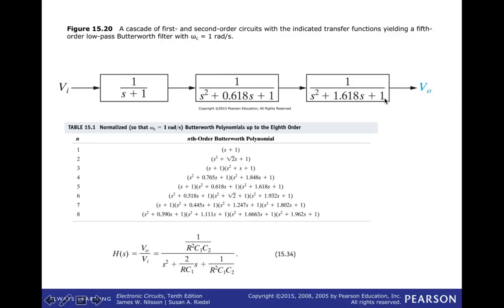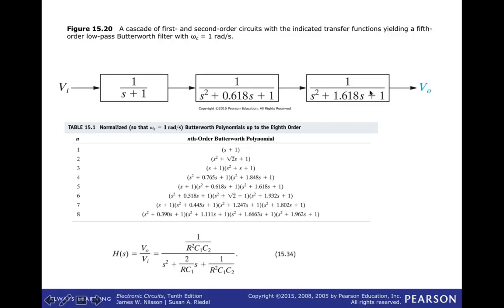You then repeat that process for this stage of the filter, and you'll get different values for C1 and C2. So you'll actually in total get 3 stage circuits, a low-pass op-amp filter, first order, a second-order Butterworth filter, another second-order Butterworth filter, with the R and C values designed to give you these polynomial numbers.